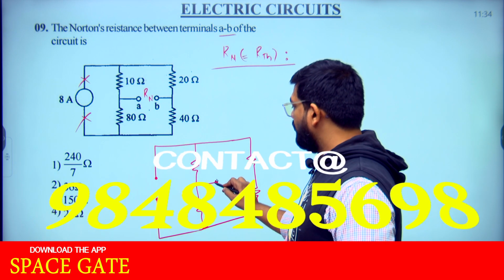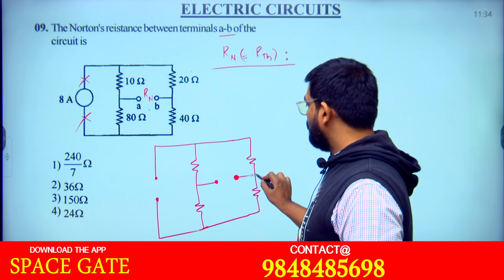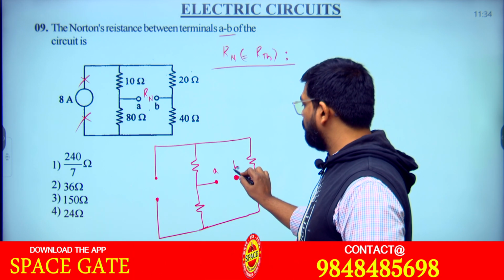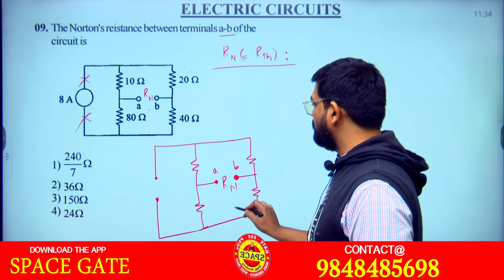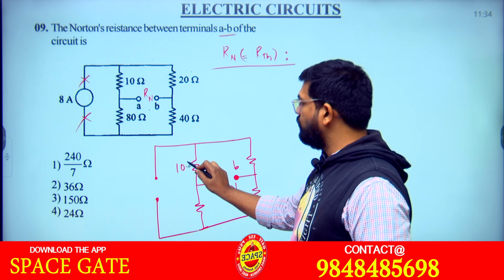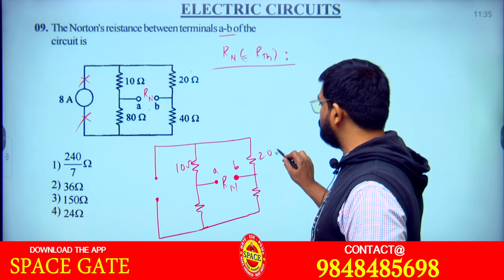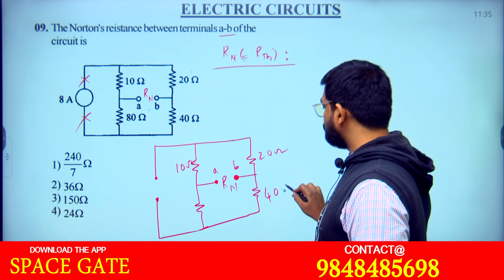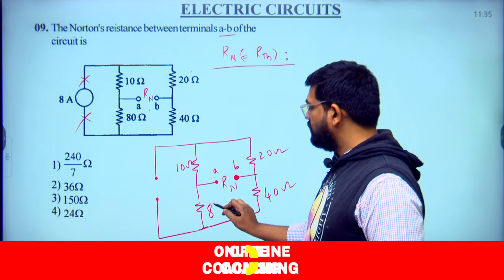But between A and B terminals we want R Norton or R Thevenin. So if you observe here, 10 ohms and this is 20 ohms, 40 ohms, 80 ohms, right?